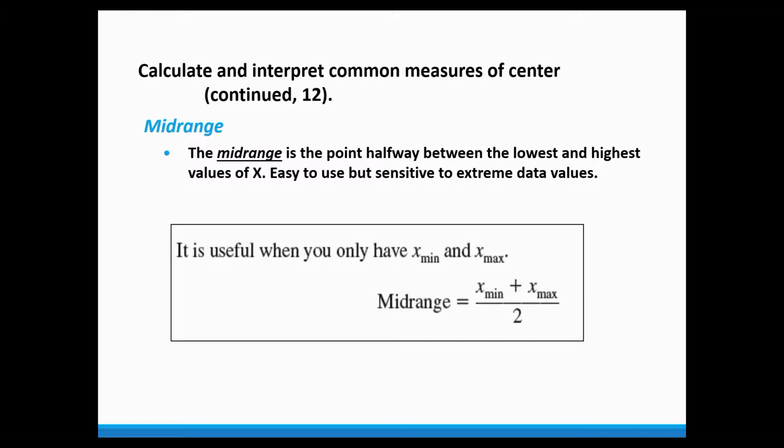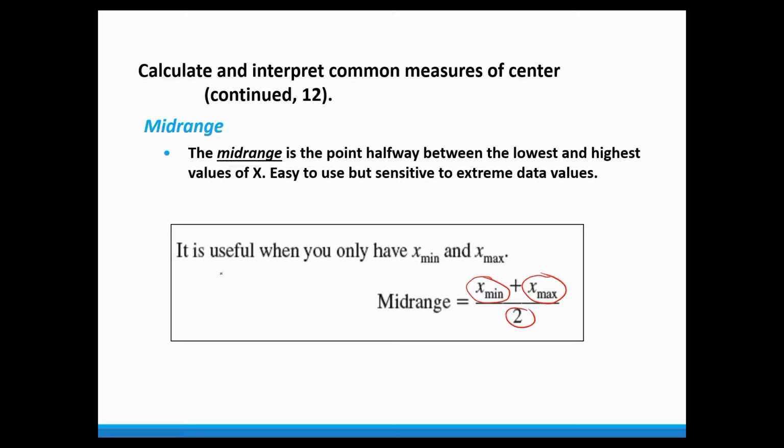Also there is a measure of the center of the data. This measure is called the mid-range. In mid-range, we simply take the minimum value that appeared in the data set, add it to the maximum value, and divide this by 2.